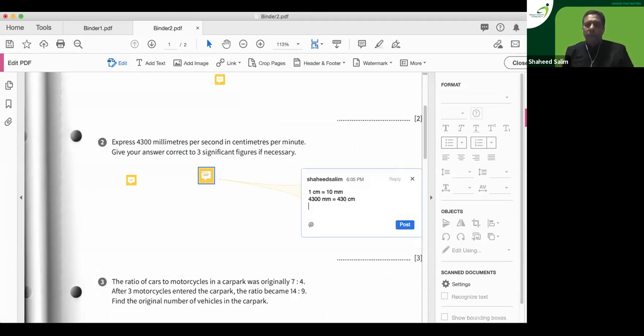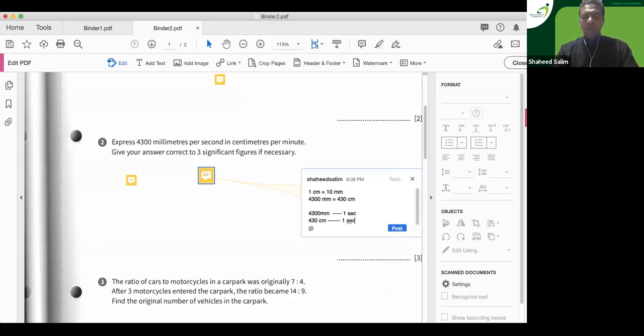But this now is 430 cm in 1 second. Okay, so I'm gonna just write it down for you so that you understand. Can travel 4,300 millimeters in 1 second, which is actually 430 cm in 1 second.